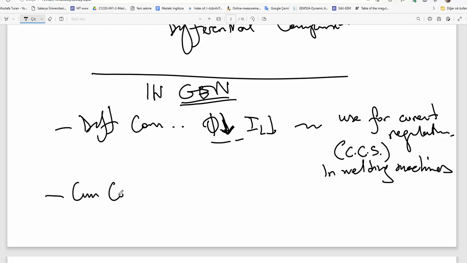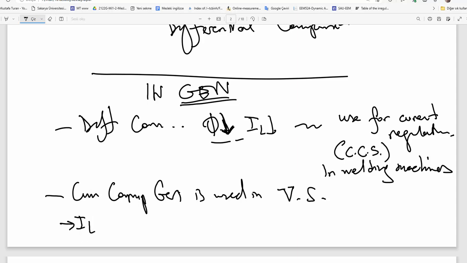A cumulative compound generator is used in voltage sources because when there is an increasing load current, it is equal to the series field current.